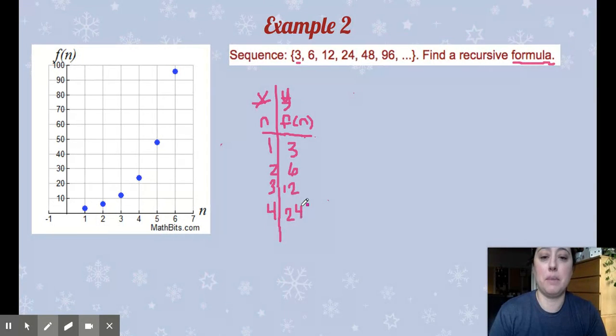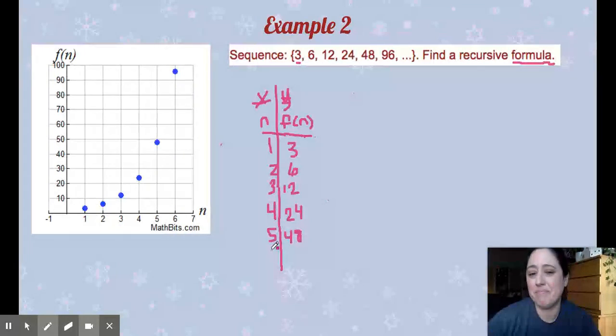All right, so think about it. All right, and I'm not sure. I'm looking, I see it's going up, right? So that kind of tells me growth, but I'm not sure about the common ratio. So I'm going to find the common ratio by saying, okay, I know I can take any of these terms.